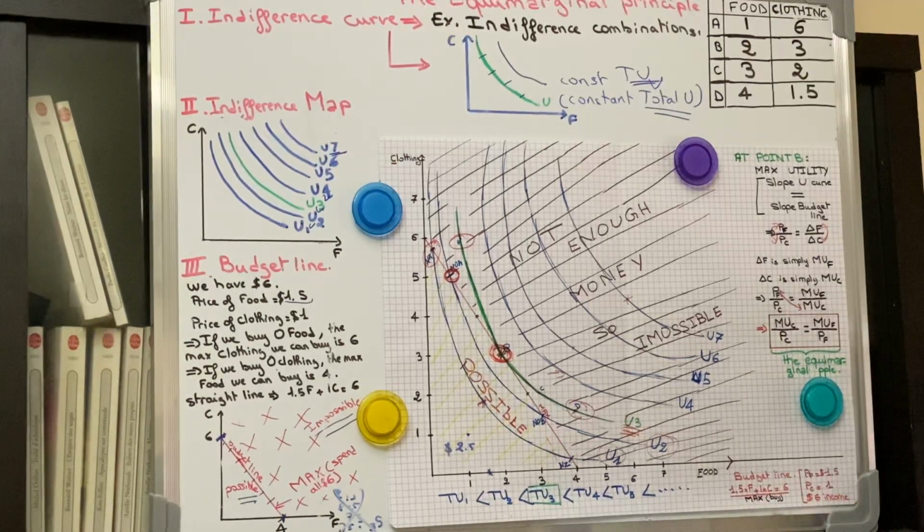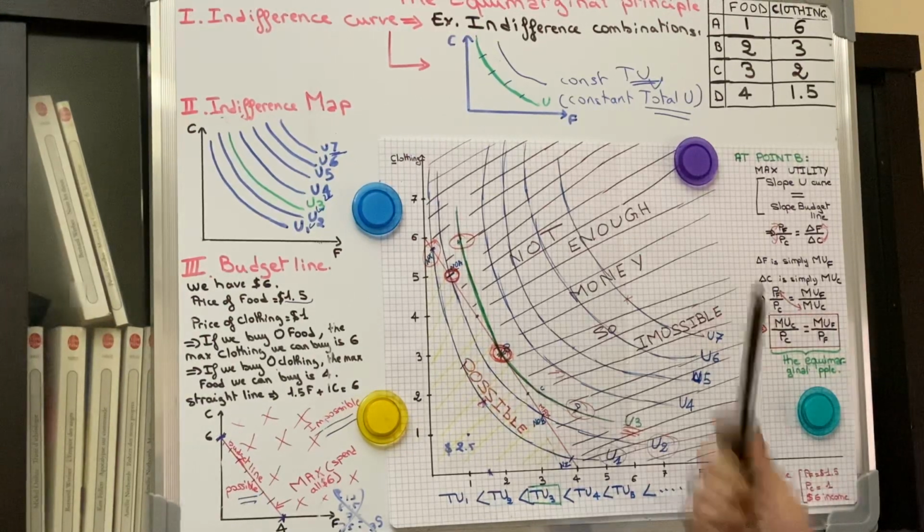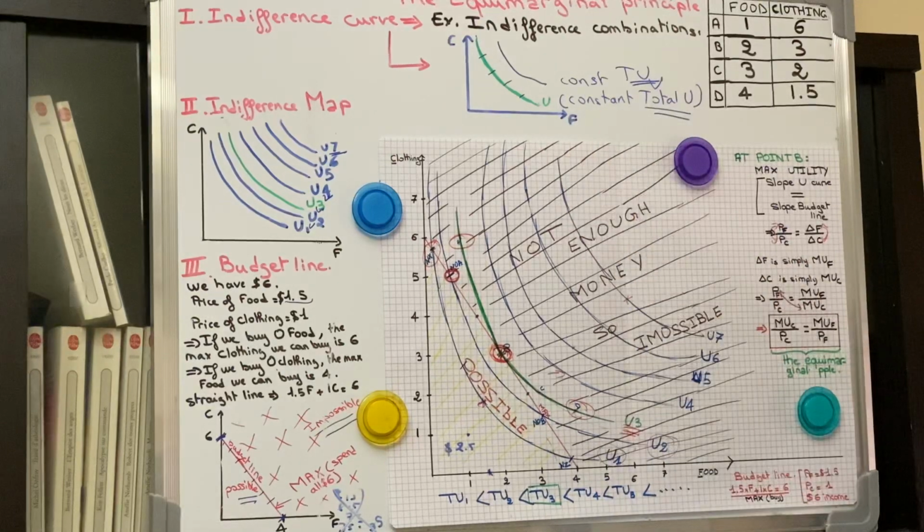When these two ratios are equal, that's when you have the maximum utility. That's the point where you maximize the utility you're getting out of the consumption of the two goods. And this is the equimarginal principle, okay? That's the equimarginal principle.